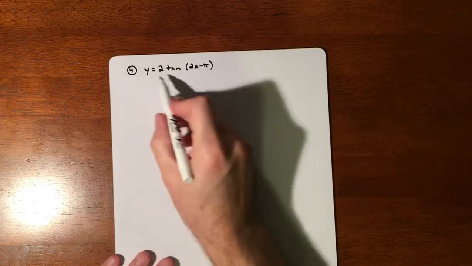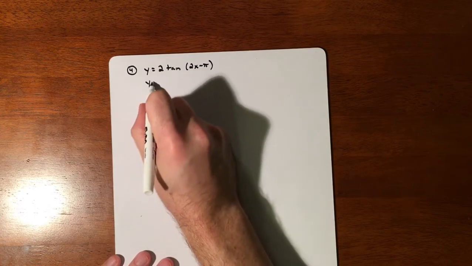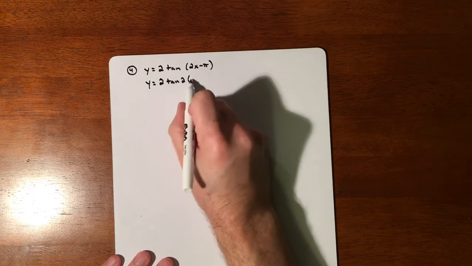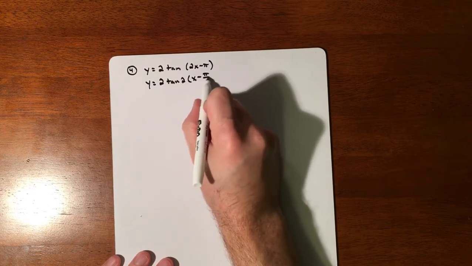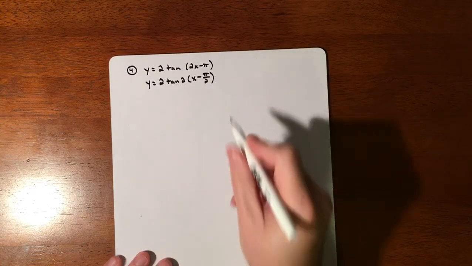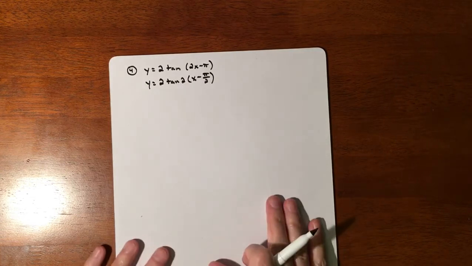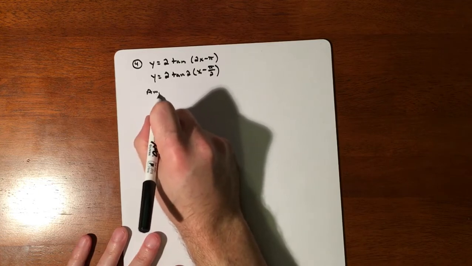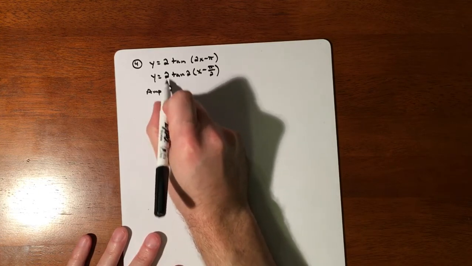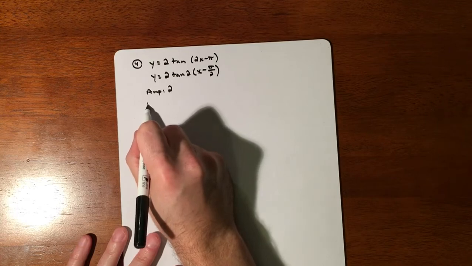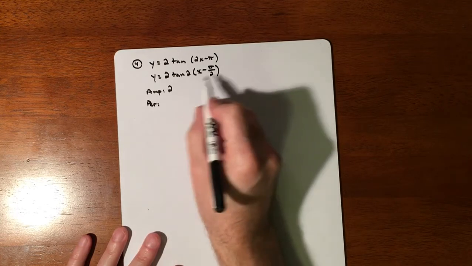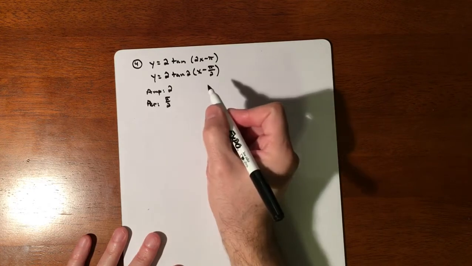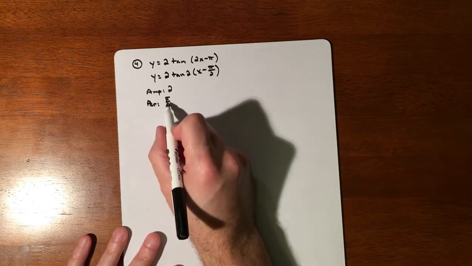So same stuff. Let's rewrite this thing. So we have a 2, tangent, we factor off the 2, and because we're factoring it, we're dividing it off, and so that is our new equation. Our amplitude is 2, so we're going to vertically stretch it by a factor of 2. Our period is pi divided by 2, so same thing as the other one.